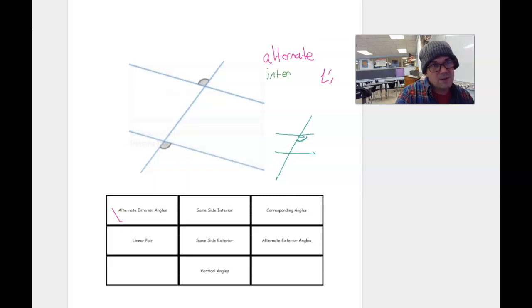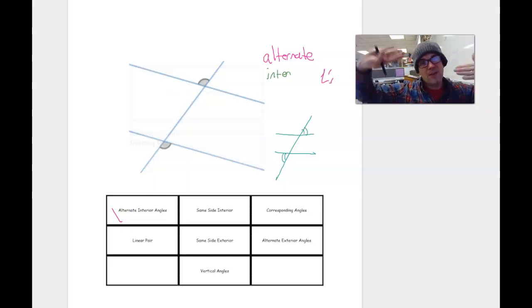Slide it down, these are corresponding. If I have an angle here, and I have an angle here, they're both on the outside, they're both on the exterior, they're on alternate sides of the transversal, those are alternate exterior angles.